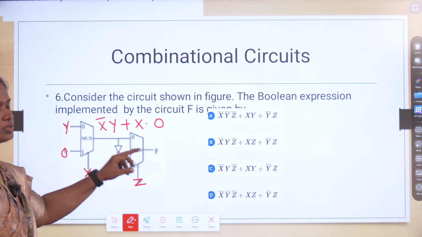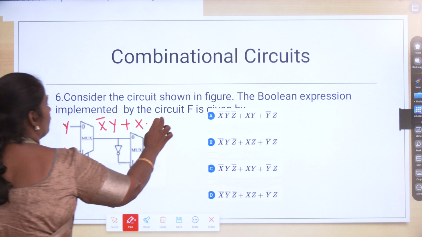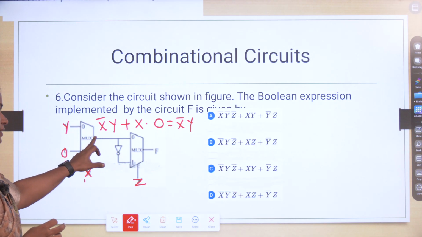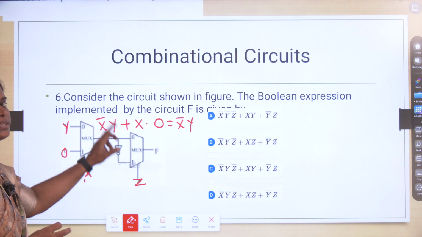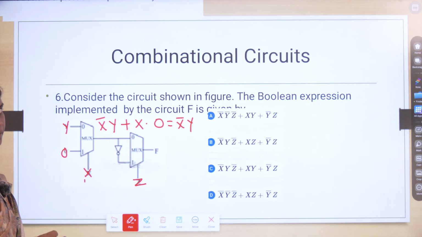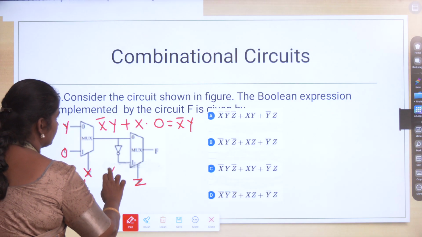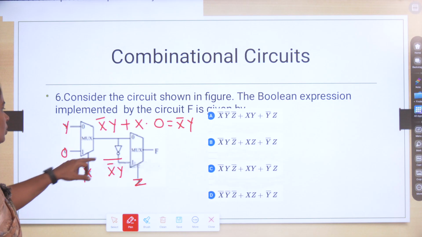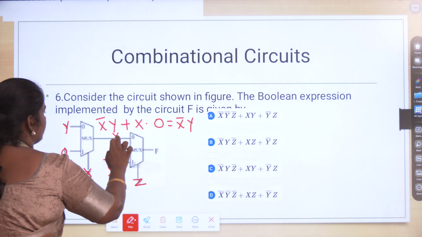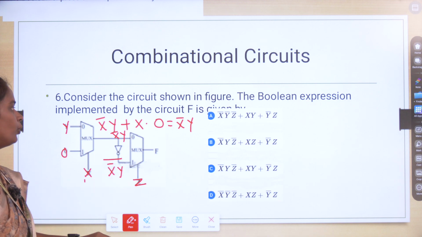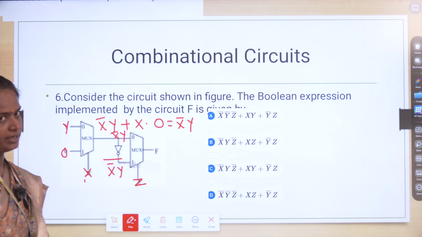So x into 0 will become 0. So the output is nothing but x bar y for this multiplexer. This is given as the input for the second multiplexer. Here we are using a NOT gate, so the output of this NOT gate is x bar y to the whole bar. So one input is x bar y, another input is x bar y to the whole bar, and these are the inputs for the second multiplexer.